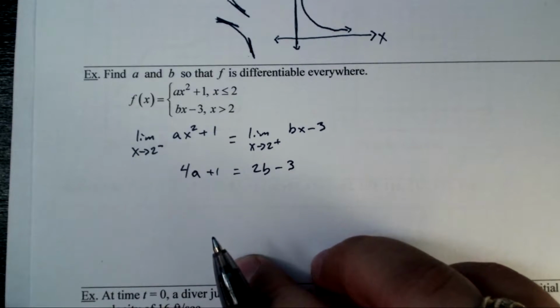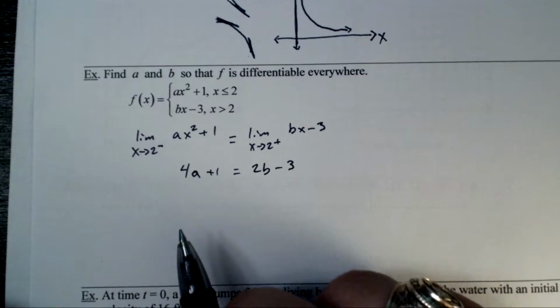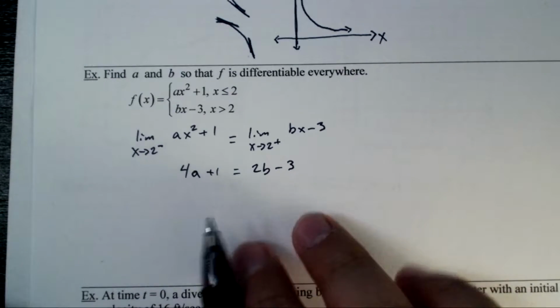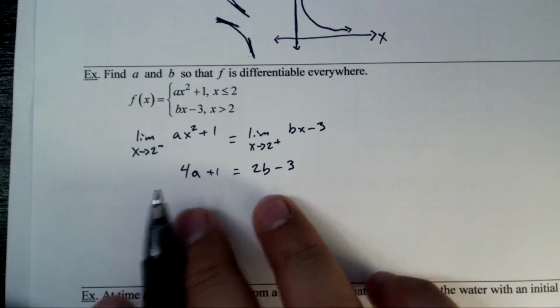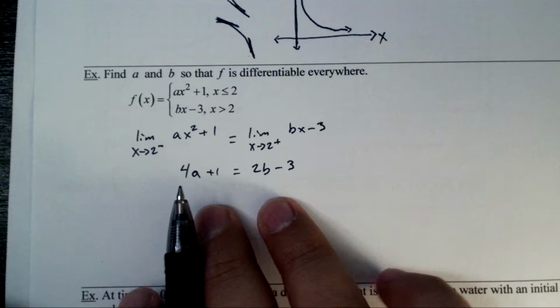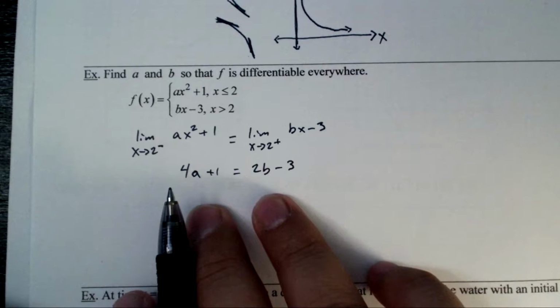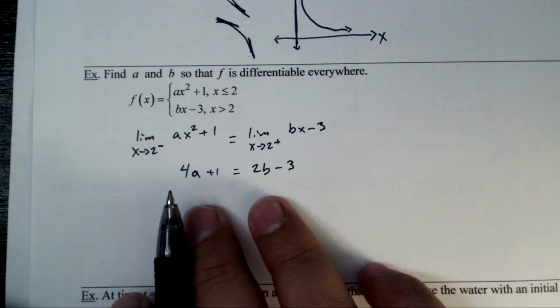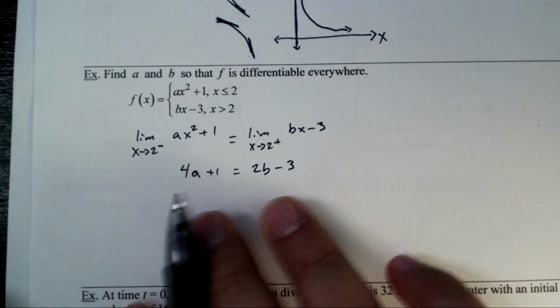All right, so at this point we could probably use this or some form of this later on, right? I'm going to leave it right here though, because one way might be a little bit easier than another to solve later on. Okay, so let's go on to the next part of this.